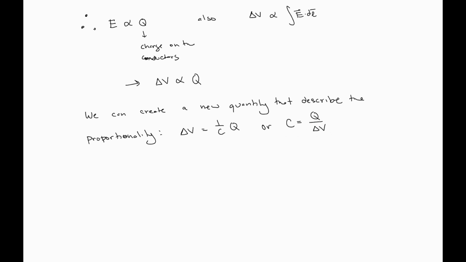Here I'm saying it's just a proportionality constant, but of course this proportionality constant can't be the same for any type of conductor. It has to change for different types of conductors that we can design. Example 1 will be a parallel plate capacitor.